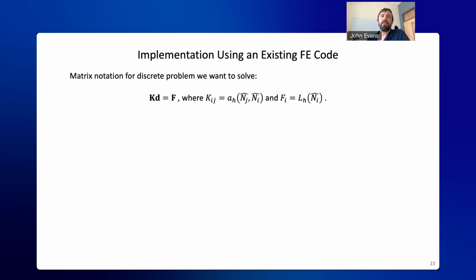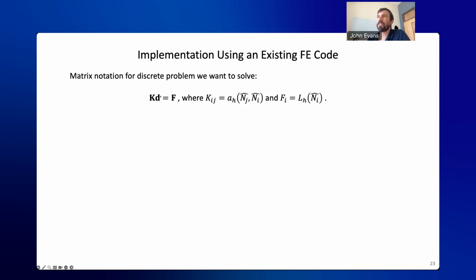Now, if you recall, the idea here is to actually allow us to reuse an existing finite element code. So how can we do that? So the matrix notation for the discrete problem we want to solve in this case, using this interpolated background basis, looks as follows.